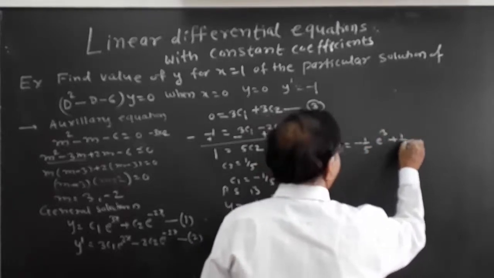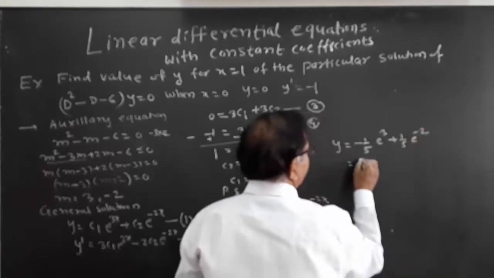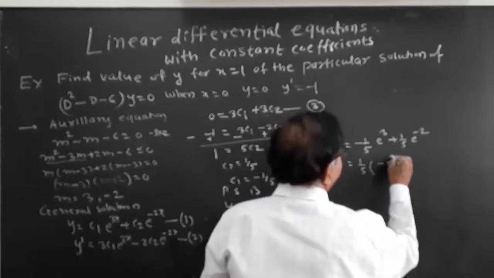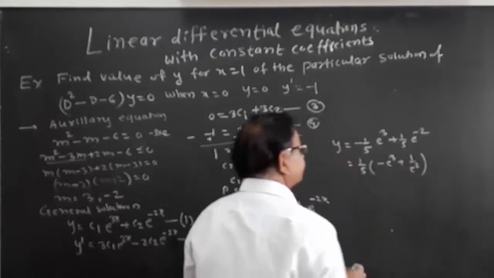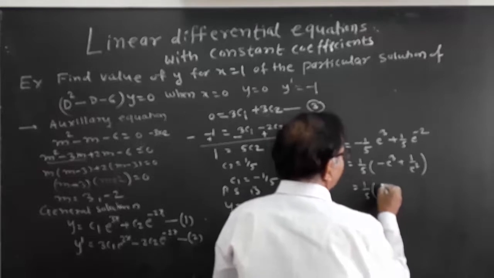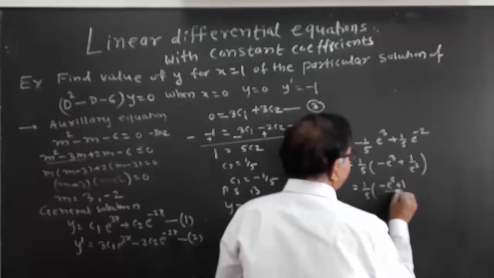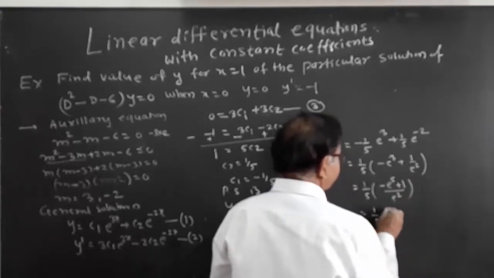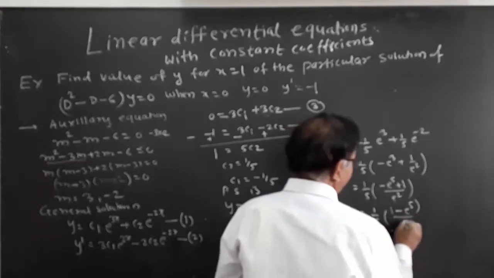plus 1 by 5 e raised to minus 2, that is equal to 1 by 5 if we take common, minus e cube plus 1 by e square, that is equal to 1 by 5 into minus e raised to 5 plus 1 divided by e square, that is 1 by 5, 1 minus e raised to 5 divided by e square.